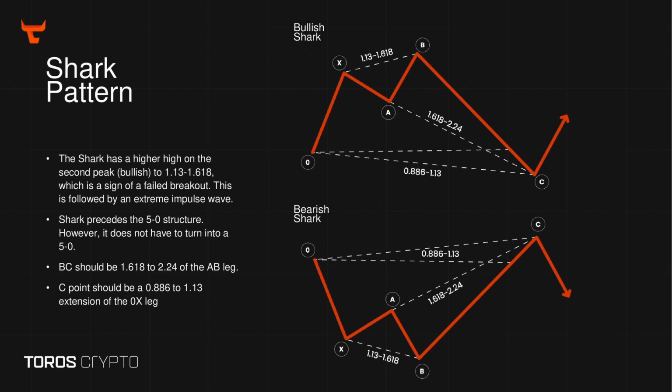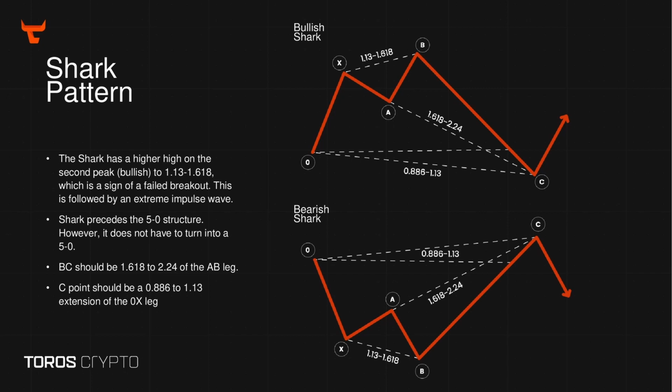And with the bearish shark, you have the 0 to X, and then up to A, down to B. So the B point is lower than the X point, as you can see, because of this 1.13 to 1.618 retracement. And then you come up to the C point, which is either an 886 or a 1.13 generally.